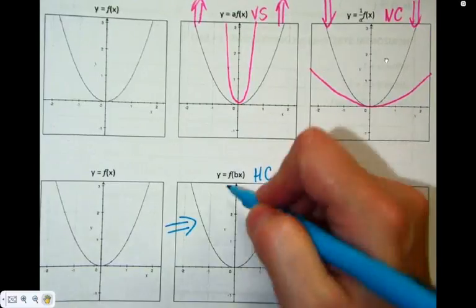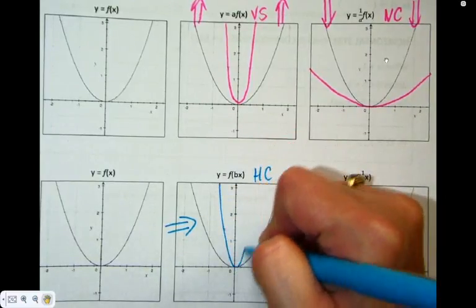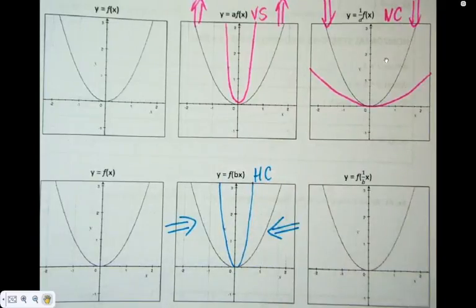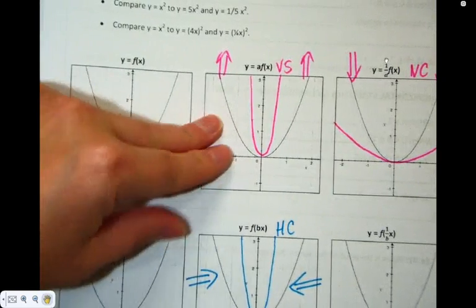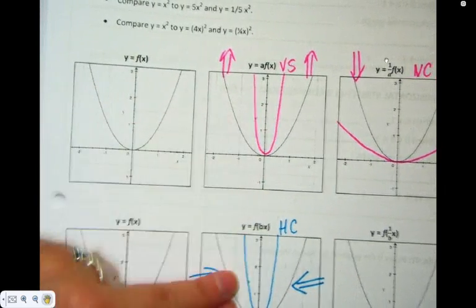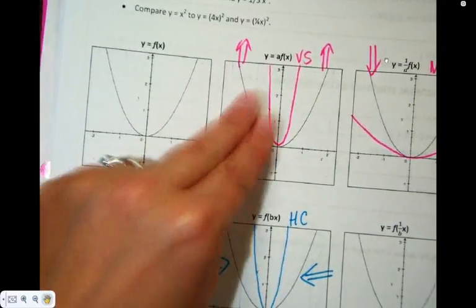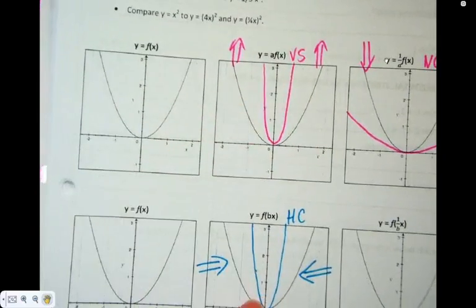And so the graph gets skinnier. And if you notice up top, vertical stretch and horizontal compression tend to look alike. But this one we are changing the y coordinates, this one we are changing the x coordinates, and we'll talk about that again in a second.